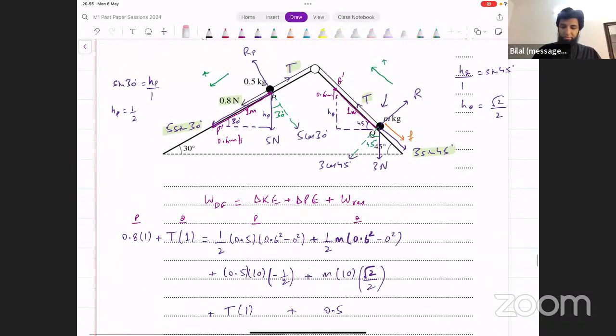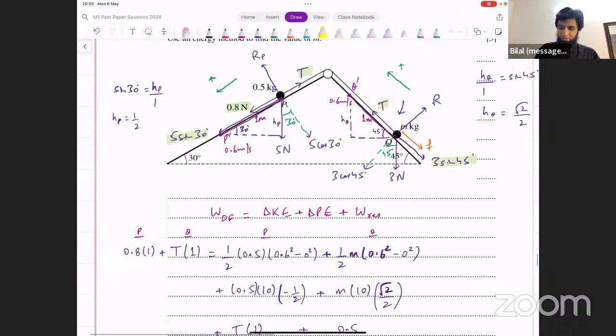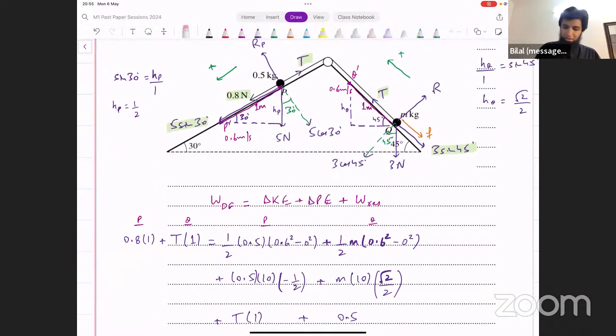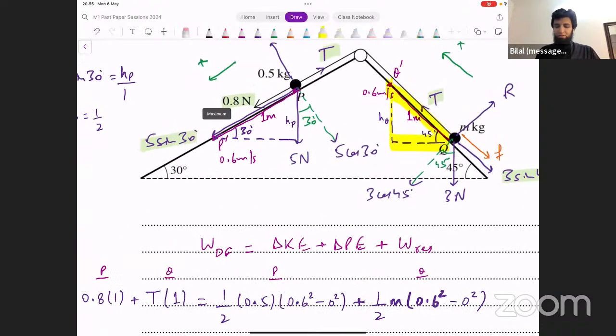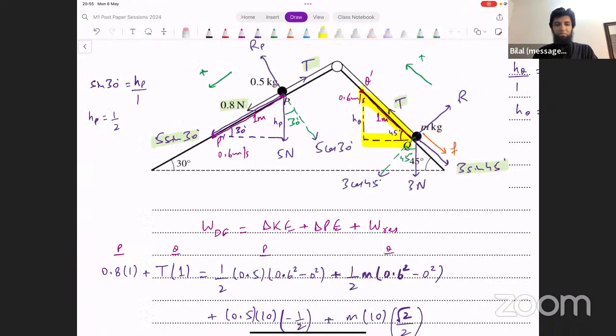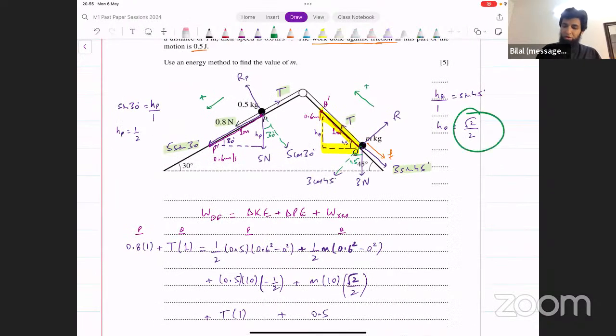Similarly, on the right side, Q is also moving upwards by 1 meter. You use this right angle triangle to figure out the change in height for Q. 1 meter is the hypotenuse, 45 degrees is the angle. You can find the height using sine again. So HQ turns out to be root 2/2.